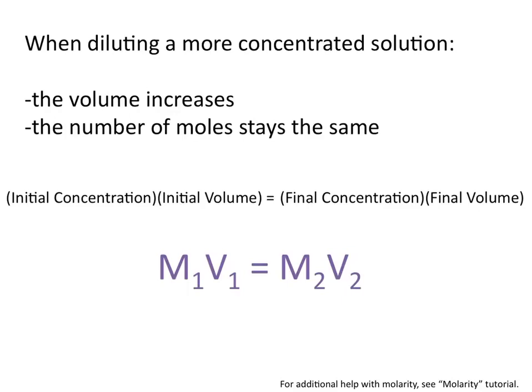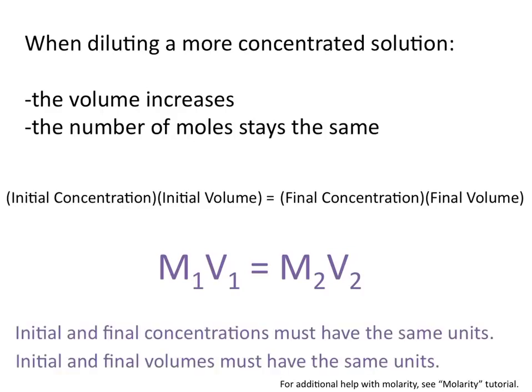If you look at the first equation, initial concentration times the initial volume, you know that if your initial concentration is in moles per liter, what's really important is that your initial and final concentrations, or M1 and M2, must have the same units.